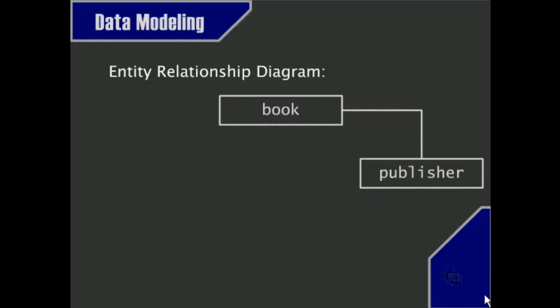We draw lines between each of the entities that relate to each other, and then in some way we annotate these lines to show the particular kind of relationship it is. It's usual to put a crow's foot or extra little lines there if we want to show a one-to-many relationship. If it's a one-to-one relationship, we simply put a single line.